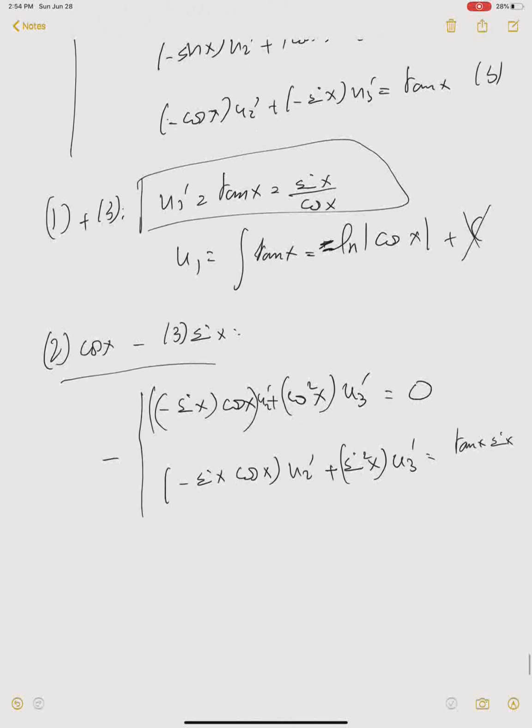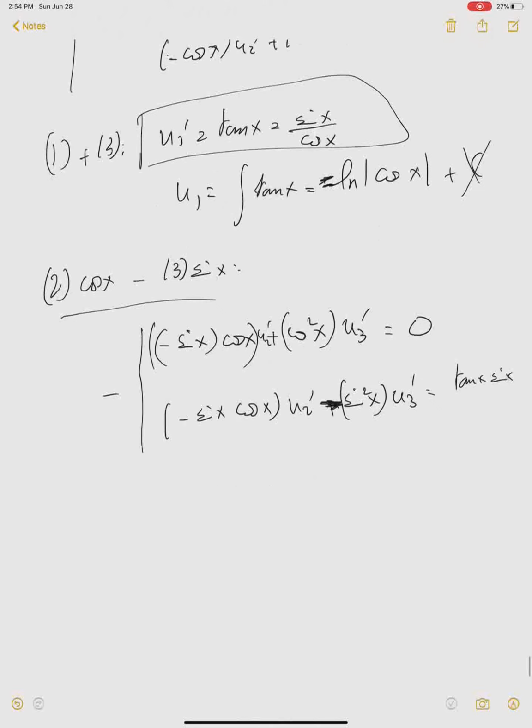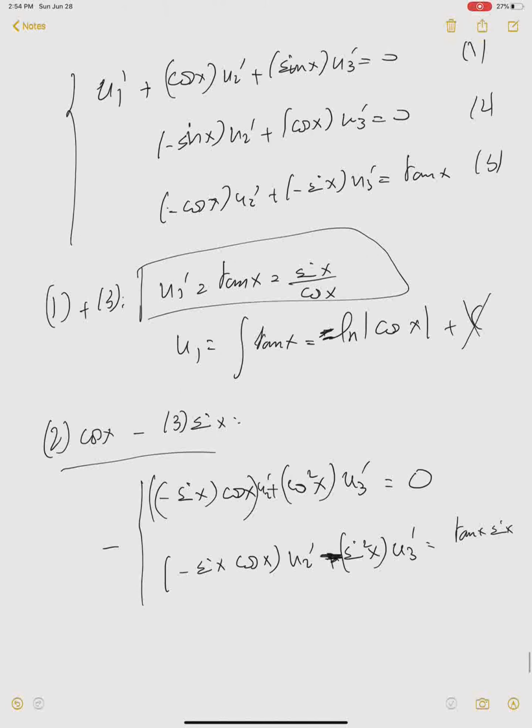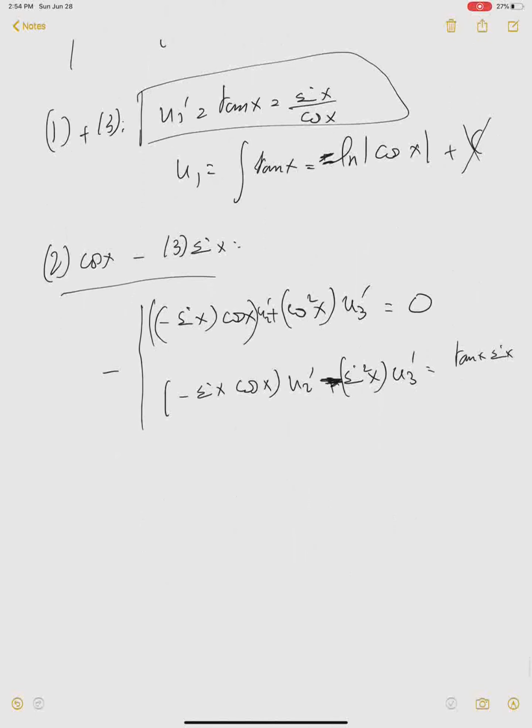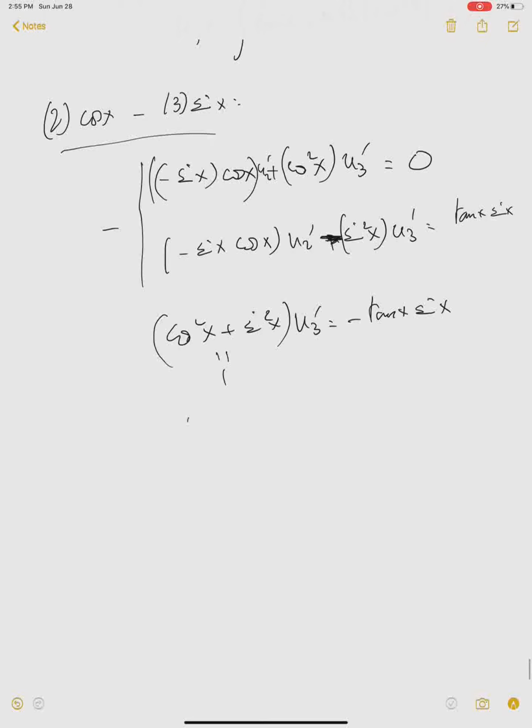I multiply this by cosine, this is correct. I multiply this by sine, this is correct. When you subtract, you get cosine square of x plus sine square of x, u3 prime equal minus tangent x sine x. But this is equal to 1. So u3 prime equal minus tangent x times sine x, which is equal minus sine square x over cosine x.